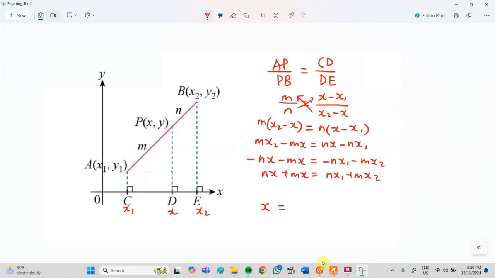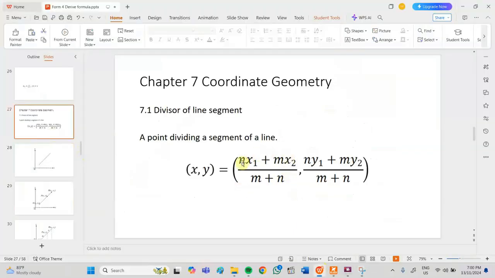And I factorize the x to get n plus m. The x coordinate can be found by this.